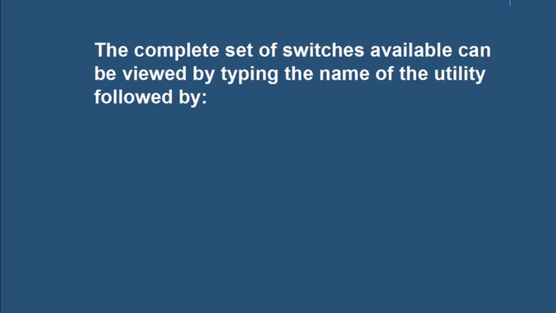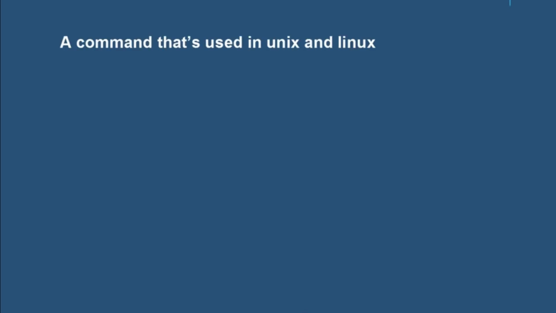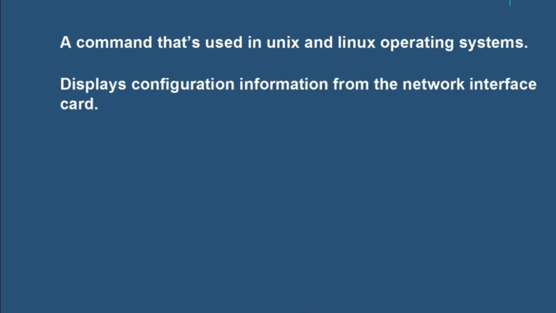DHCP is enabled, which means this computer is getting its IP address from the DHCP server, and it also tells us the IP address of the DHCP server and the IP address of the DNS server. So if we experience a problem browsing the internet by domain names, there might be a problem with the DNS server.